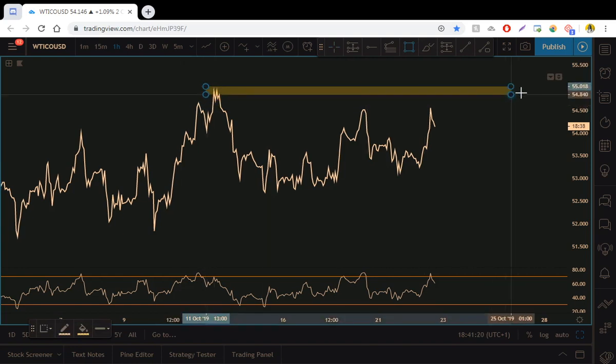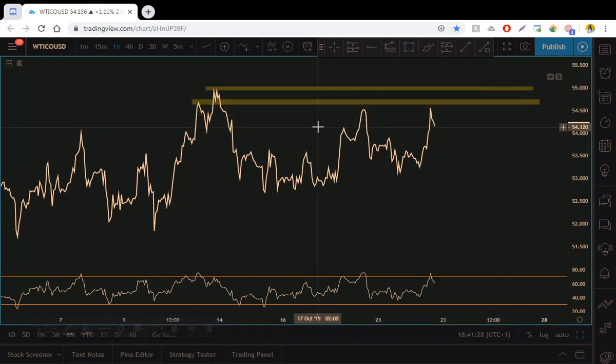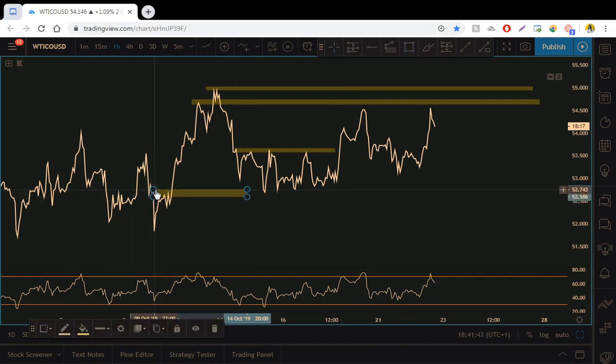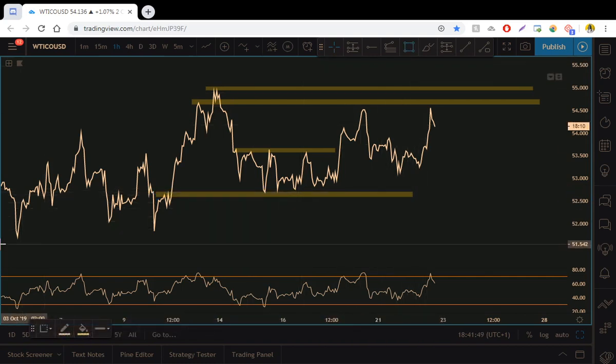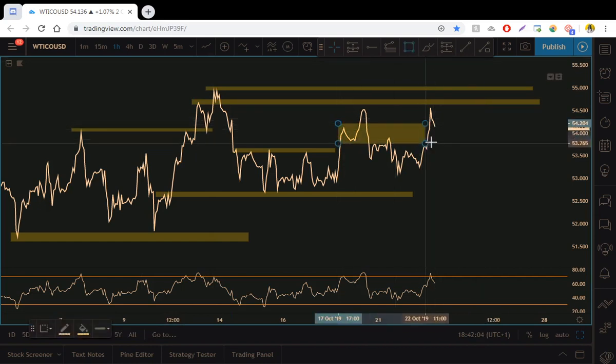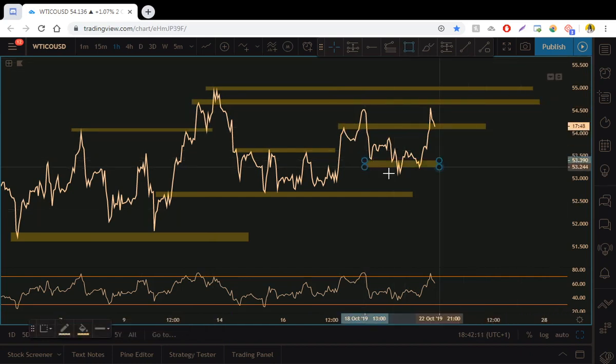So you've got this higher, got the Kasimodo, you get this resistance, you get this breakout here, get the floor here, get a double top, another Kasimodo here, and then you get this double reclaim right around here.